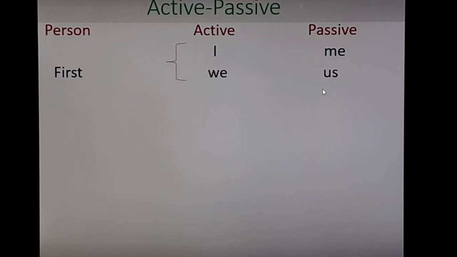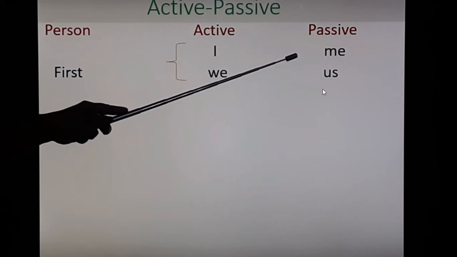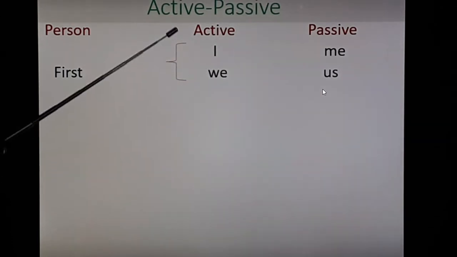Pronouns play a very important role in active and passive voice. So first we will see all the pronouns, how they change when you turn any active voice to passive. First person: in active voice, I is given, then you have to change I to me while turning to passive voice. Same way, we to us.